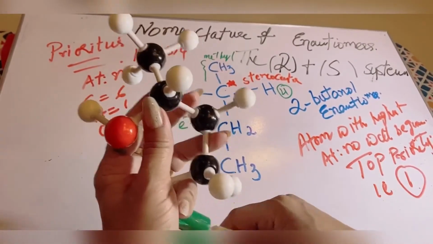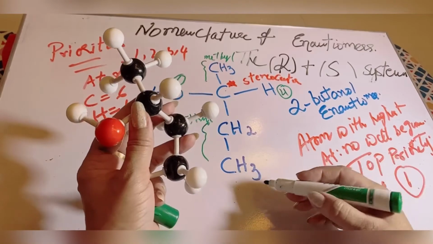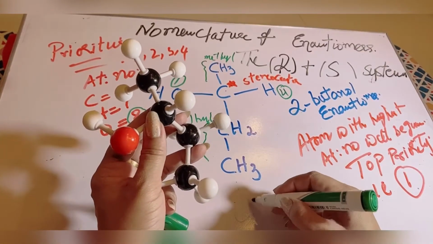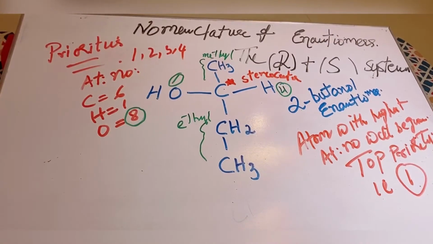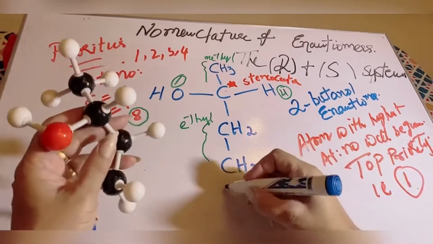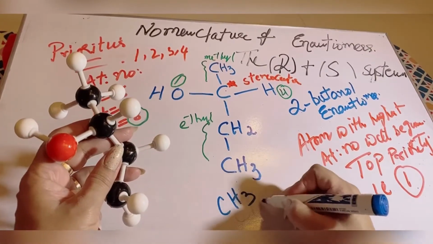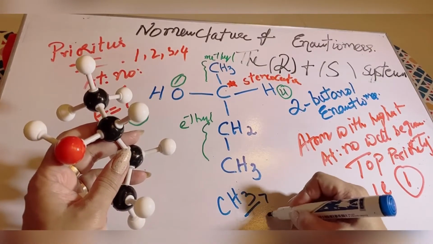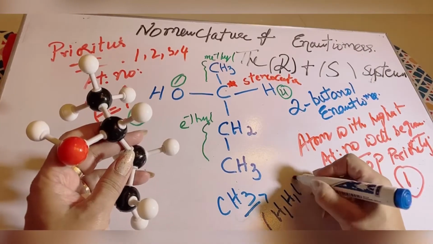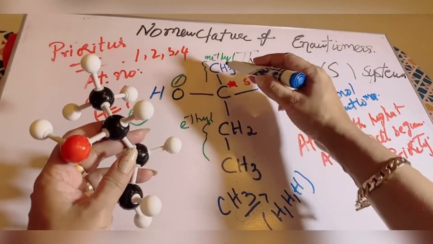So according to this, the methyl group has simply what set of atoms? H, H, and H. These are the next set of atoms for this methyl group.